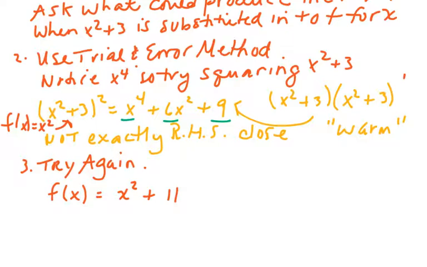So if I put my g of x into this function, I'm going to get x squared plus 3 squared plus 11.